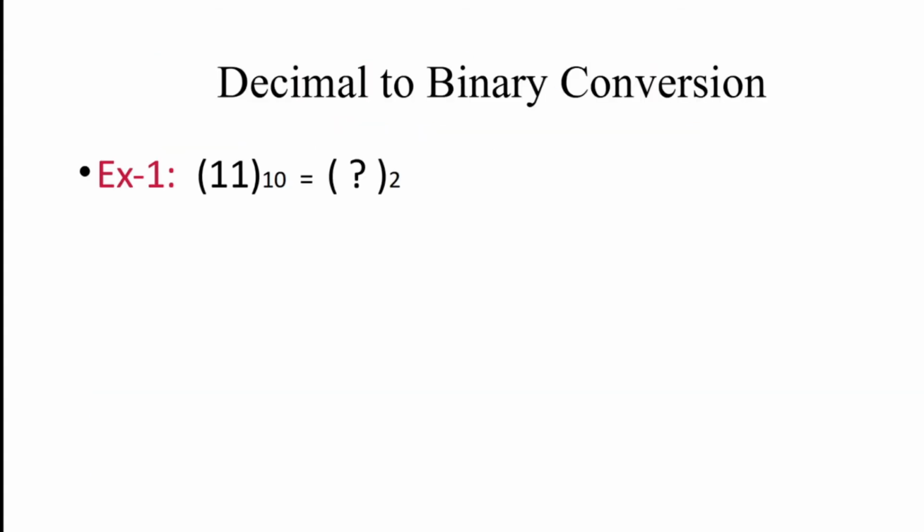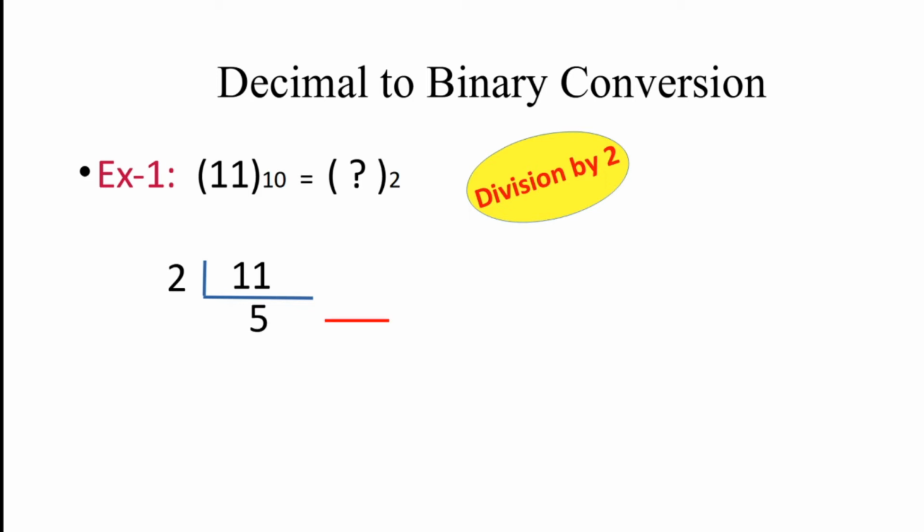Let us take an example 11 in decimal. What will be its binary equivalent? Since it is an integer number, so the repeated division by 2 is to be followed. We have to divide the 11 by 2, then the quotient will be 5, the remainder will be 1.